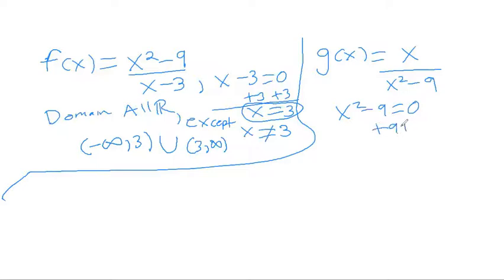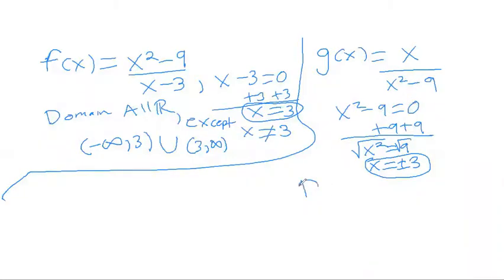I can add 9 to both sides. I could also solve by factoring. So I get x squared equals 9, take the square root of both sides, x equals plus or minus 3, since it's a second degree polynomial. So then the domain is all real numbers except x cannot equal negative 3 and positive 3.